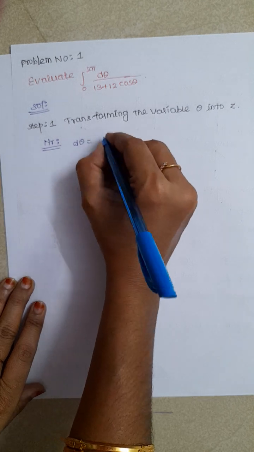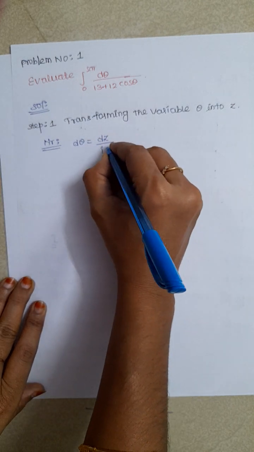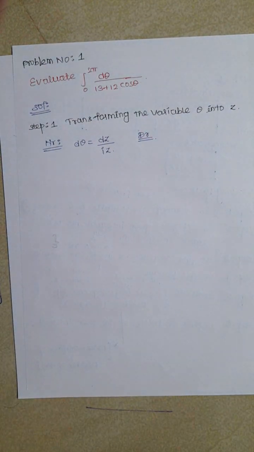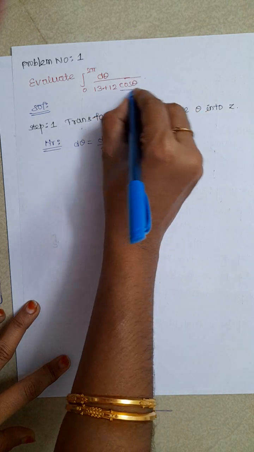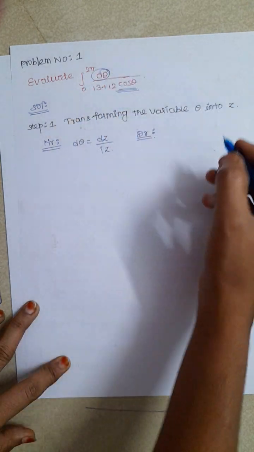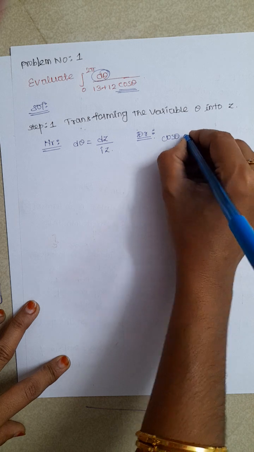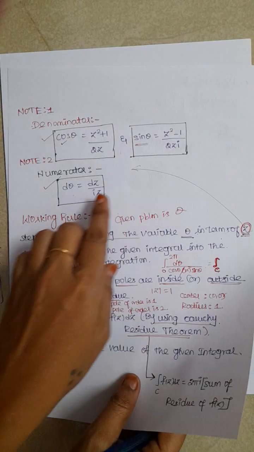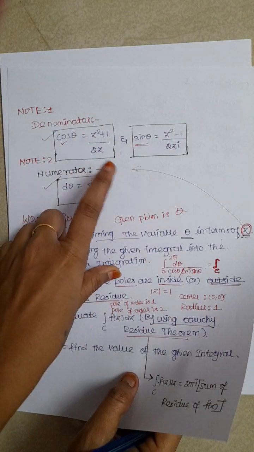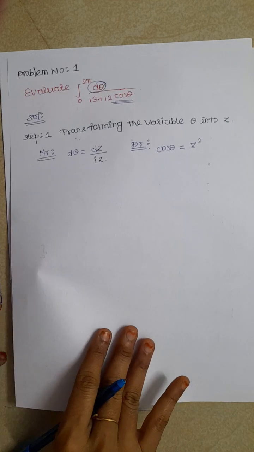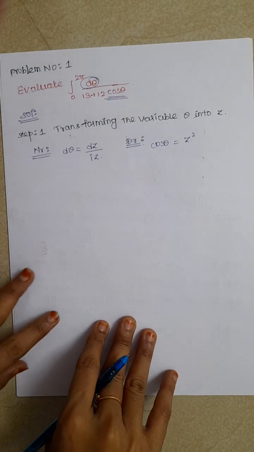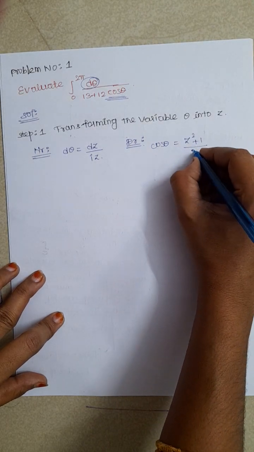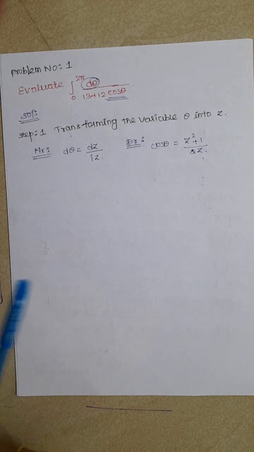The d theta value is equal to dz by iz. Okay. And the denominator here is cos theta, the numerator is d theta. So cos theta is equal to z square plus 1 divided by 2z. Okay, substitute here. Cos theta is equal to z square plus 1 divided by 2z. So step number 1 is over.